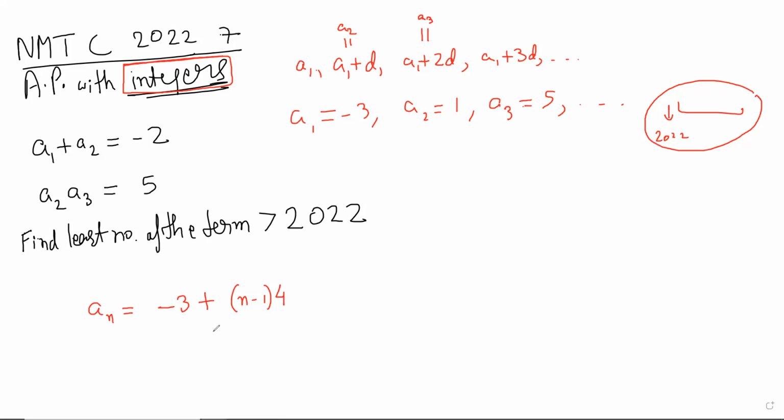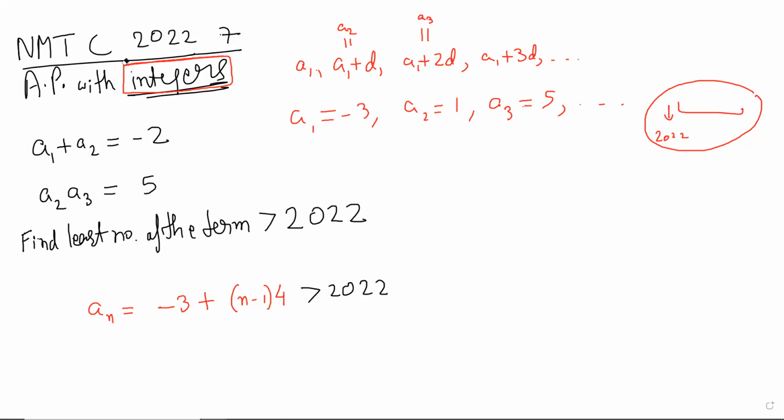So when is the first time? What is the smallest n for which this is at least 2022? Sir, I think 508. What is the method? Sir, the An should be greater than 2022. Yes, greater than. You want to know when does this exceed 2022, and then you find n.